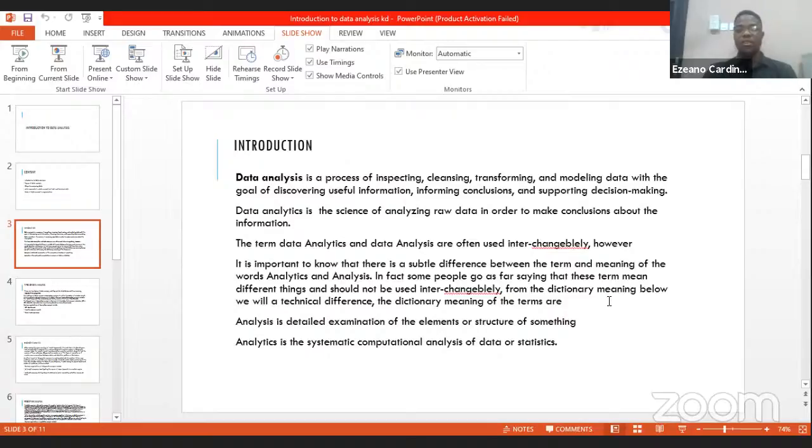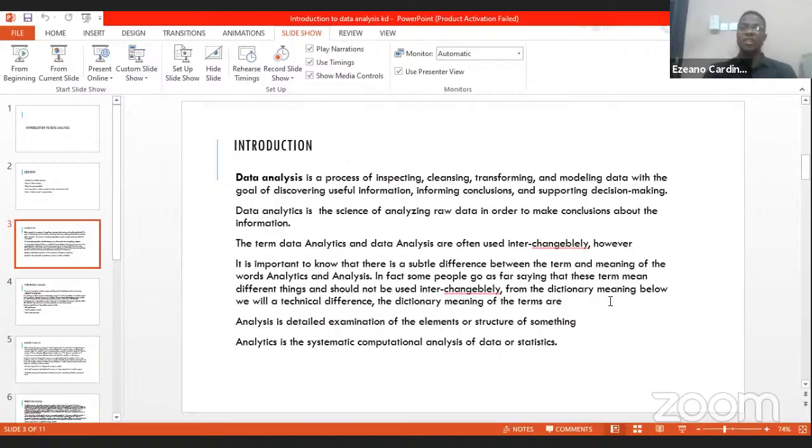I found out that data analysis is a detailed examination of the elements or structure of something, which means it is a pure explanation of structured data.